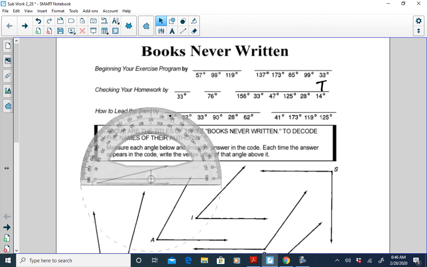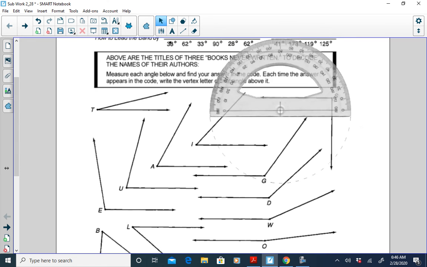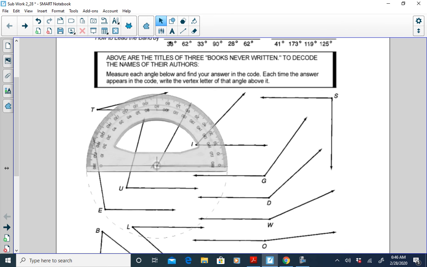Let's try a couple more so you get the hang of it. Let's try A. Once again, put the protractor right at the vertex of the angle, making sure that one ray goes through 0. It's going through 0 of my outside numbers, and the other ray points to 10, 20, 30, 40, 50.